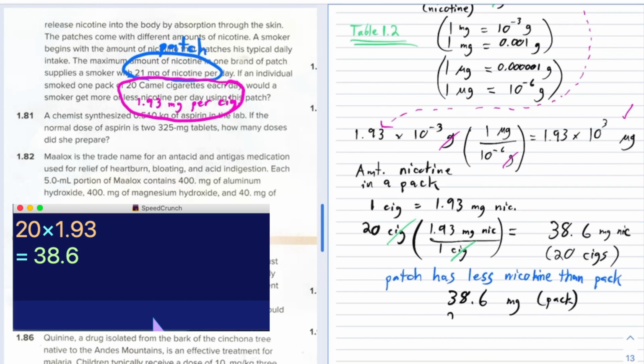And you subtract that 21.0 milligrams of nicotine, which is in the patch, to get the difference. And wow, 17.6 milligrams. Okay, so maybe two patches. This guy smokes a lot, needs two patches.